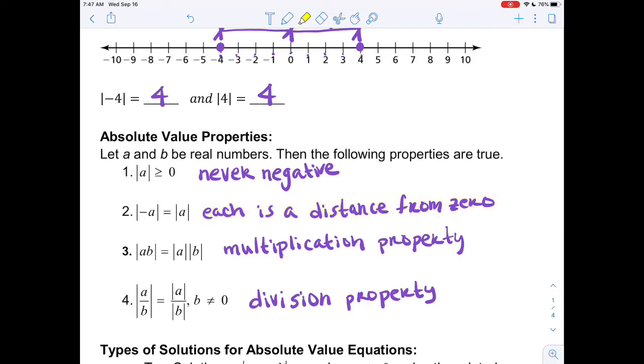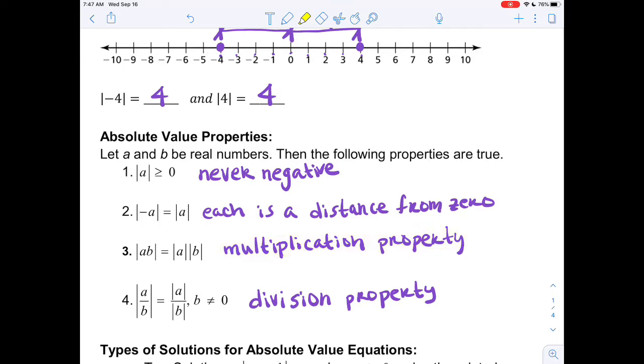Another property is that if we have two numbers inside absolute value bars that are being multiplied by each other, that's the same as taking the absolute value of each separately and then doing the multiplication, and that's called our multiplication property.